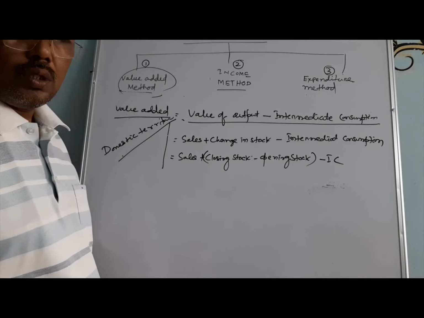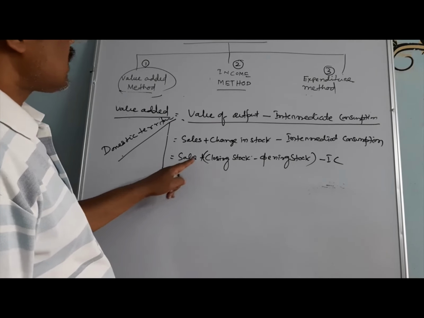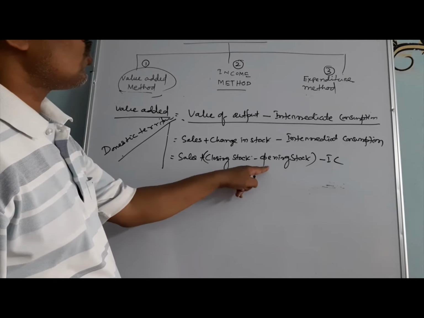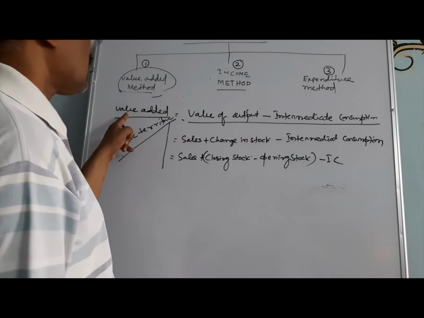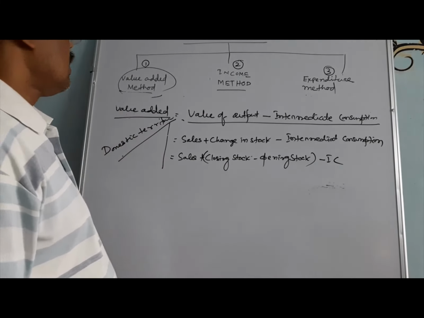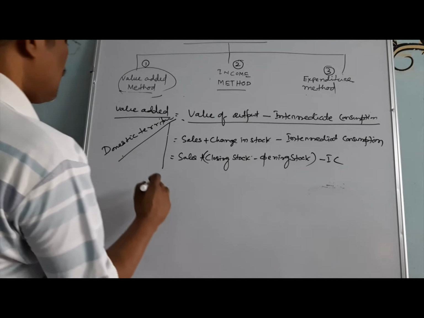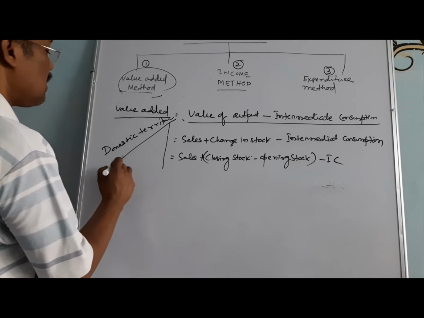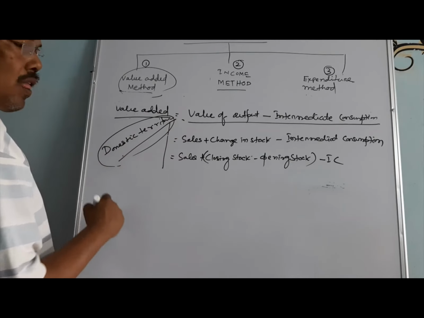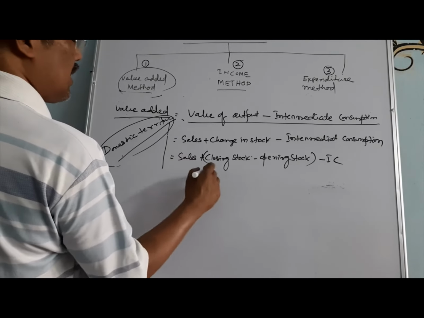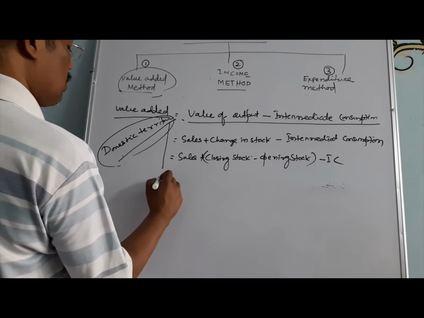So sales plus closing stock minus opening stock minus intermediate consumption equals value added, and all these productions in the domestic territory can be classified into value of outputs.